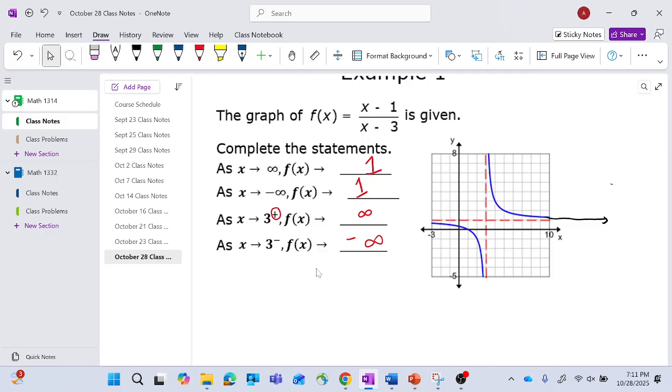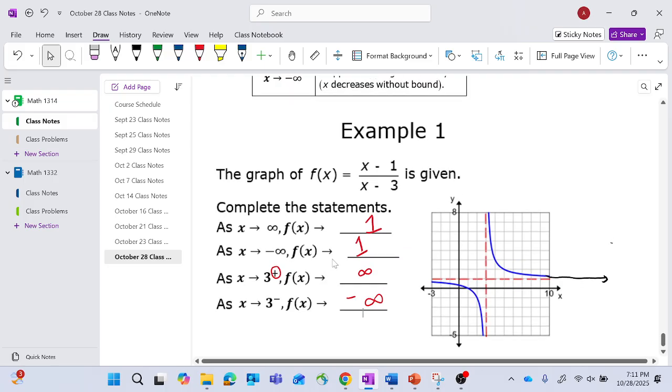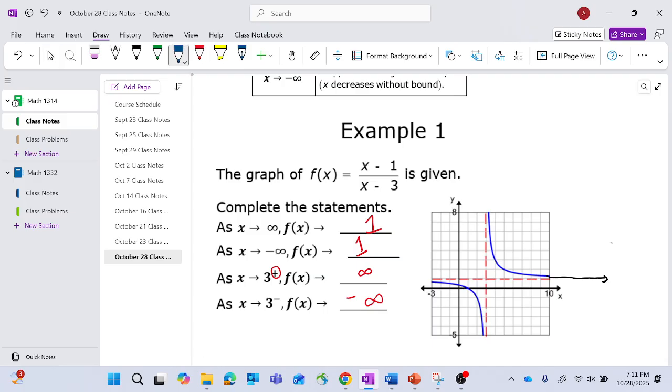Where's the blue line starting? I'm just trying to figure out where the line starts. It starts from the left side. You always graph left to right.